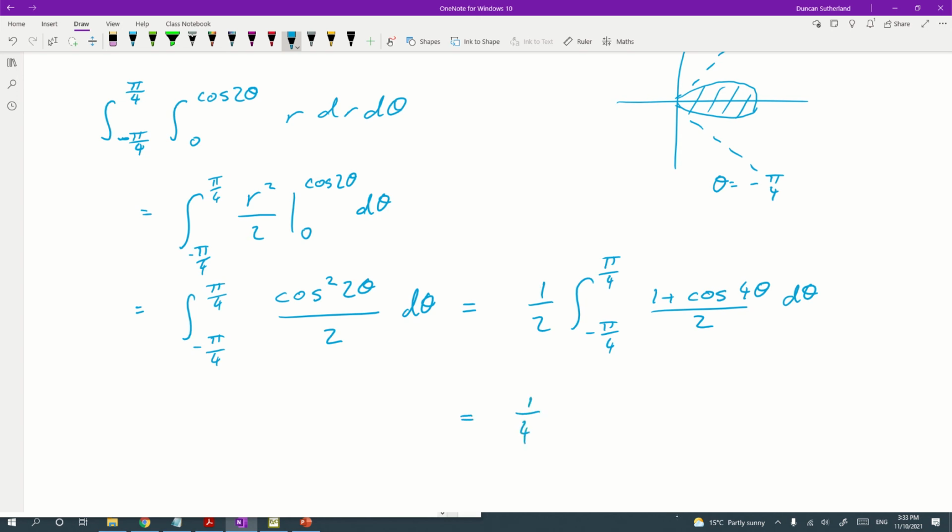Equals 1/4 into, so I've taken out the factor of 2 there to multiply with that factor of 1/2 there. Integral of 1 with respect to theta is theta. Integral of cosine is sine, and we've got to take care of this 4, so we're going to get plus 1/4 sine 4 theta between minus pi on 4 and pi on 4 like so.